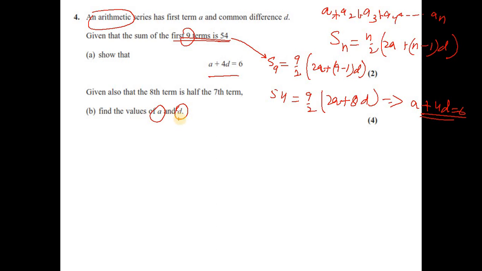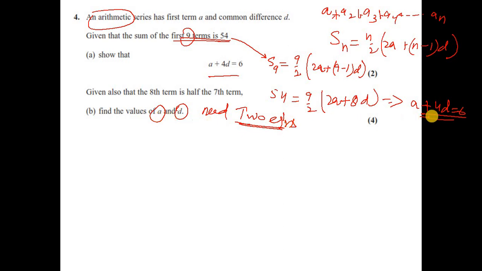Whenever they ask you to find some variables, like here you need to find 2 variables, a and d, that means you can find these 2 variables only if you have 2 equations. If you have 2 equations, you can solve them simultaneously to figure out the unknowns.